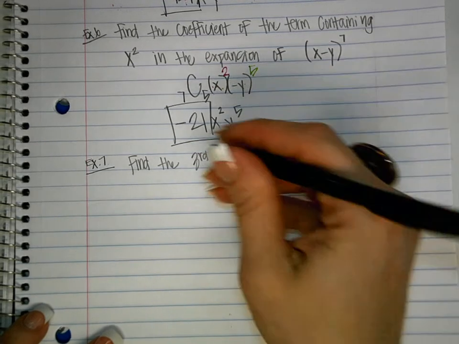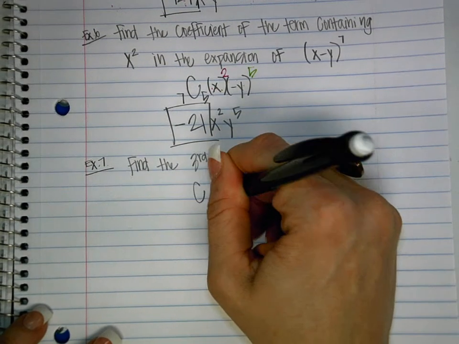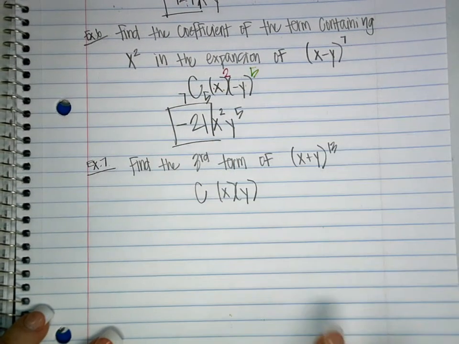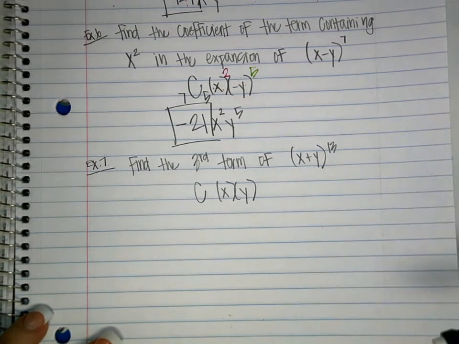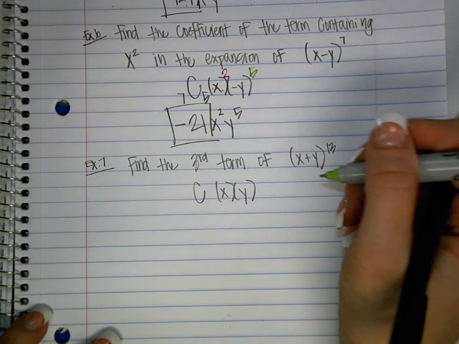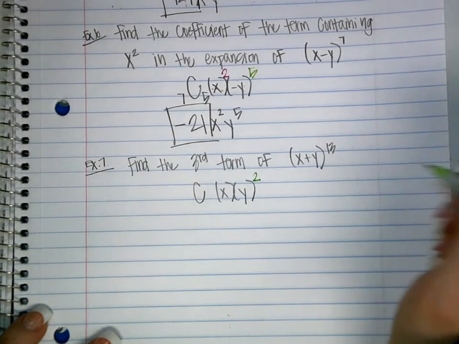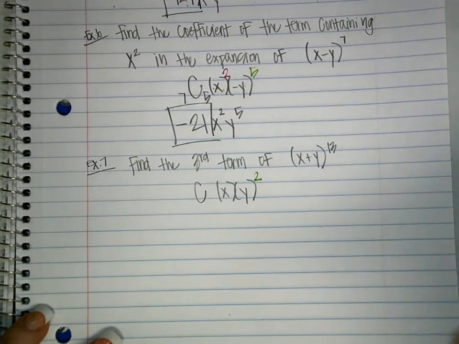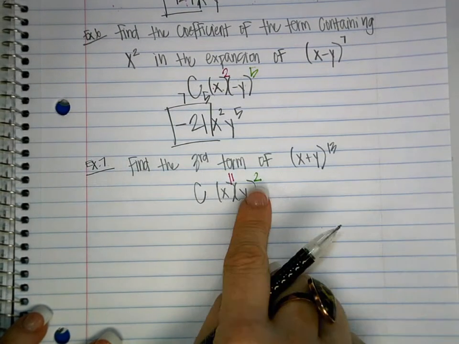So we know we're going to have a coefficient, a combination up front, and something with an x, something with a y. So if it's the third term, what is my second exponent number? 2. Second exponent number is 1 less, so that's going to be a 2. What is your first exponent number? 11. 11, right. These two added together must equal 13.